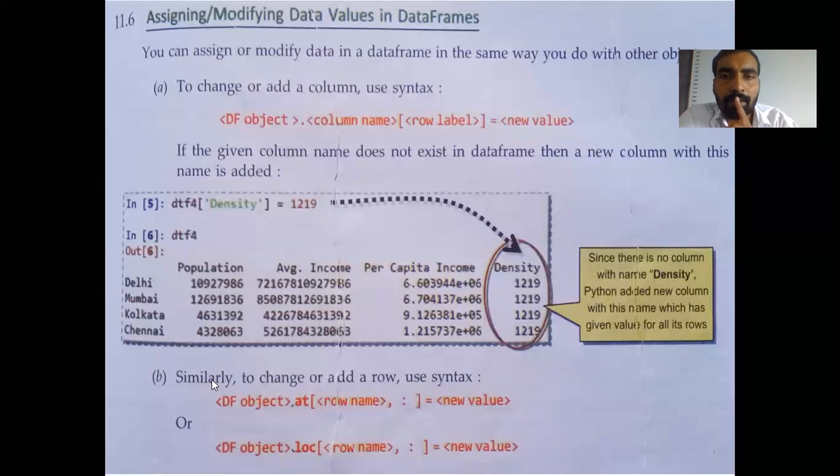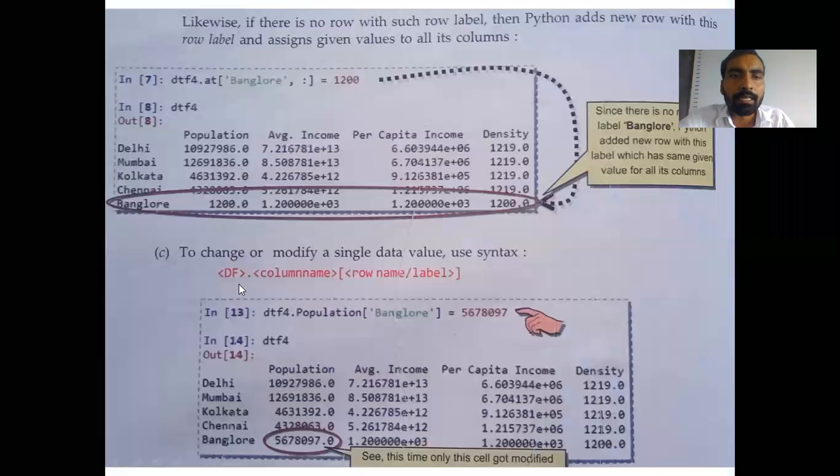Now kindly see, the add function is over, loc also over. Now there is a third method to change or modify a single data value. If you want to update a single particular value in the data frame, the simple method is to write the df name dot the column name, then in the square bracket write the row heading or row name and equal to the new value.